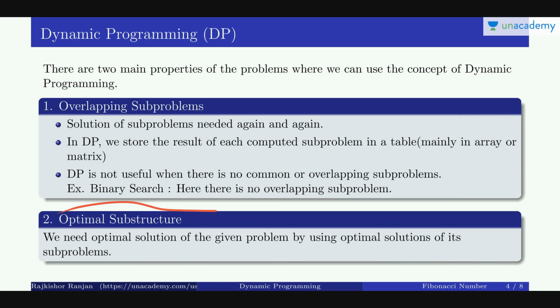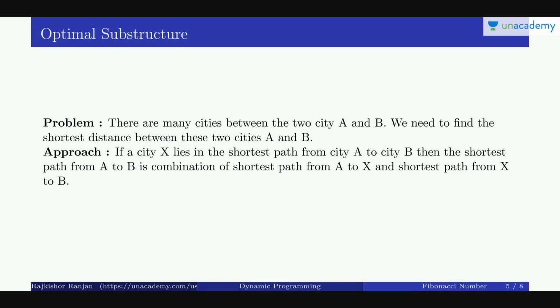The second property of the problem is optimal substructure. The meaning of optimal substructure is that we get the optimal solution of the given problem by using the optimal solutions of its subproblems. Let's try to understand this with a problem statement: there are many cities between two cities A and B, and we need to find the shortest distance between these two cities.